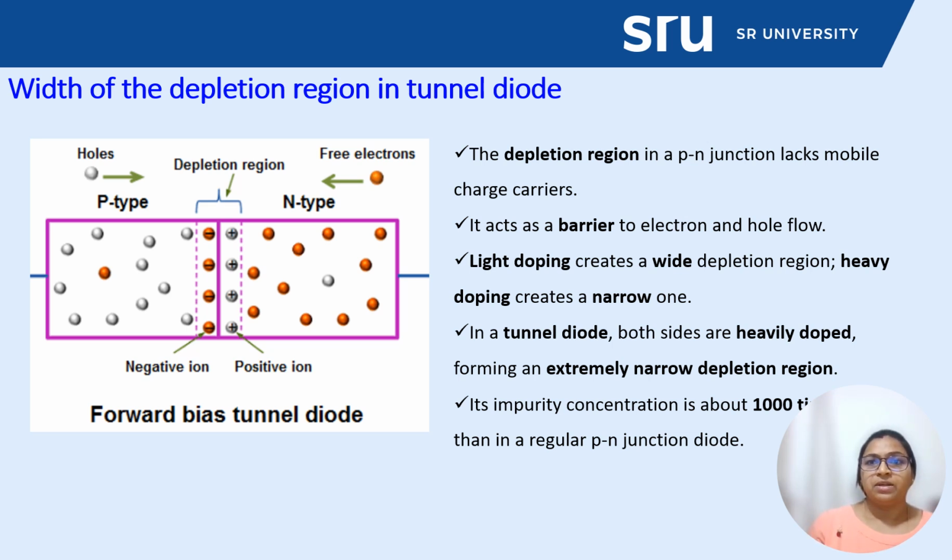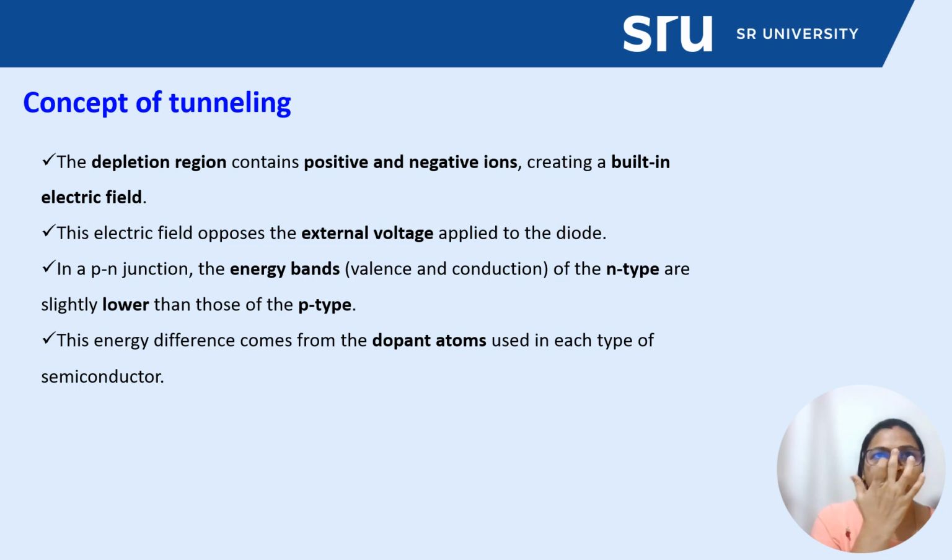So let's see what the main concept of tunneling is. The depletion region in a PN junction diode is made of positive ions and negative ions. Because of these positive and negative ions, there exists a built-in potential.